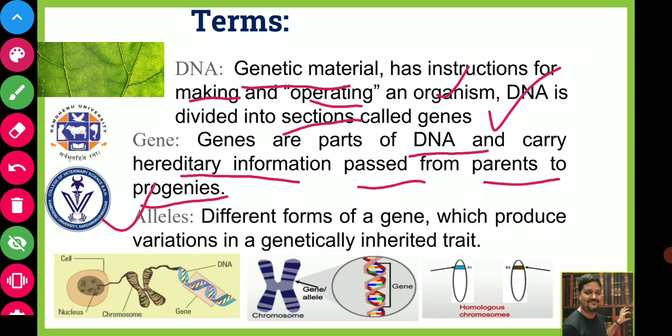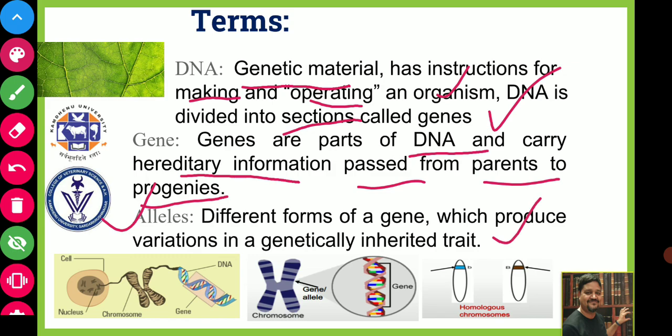What are alleles? Alleles are the alternate forms of a gene. A gene may be in two or three forms. The one or two or more forms of a gene are known as alleles, and they produce variation in genetically inherited traits.